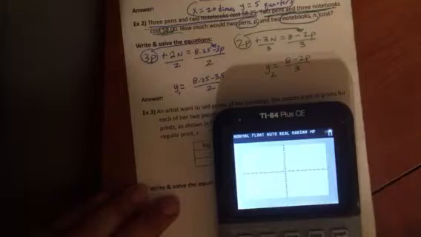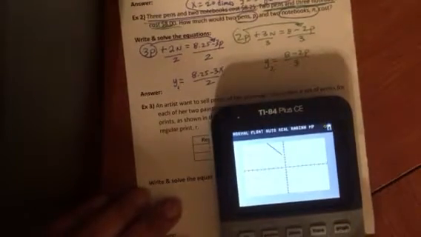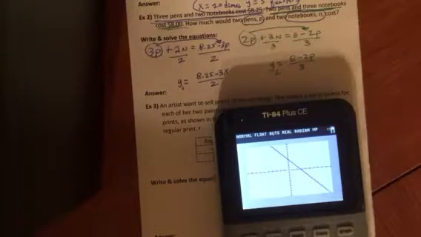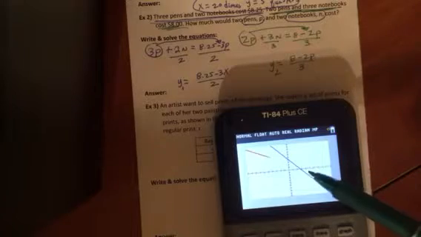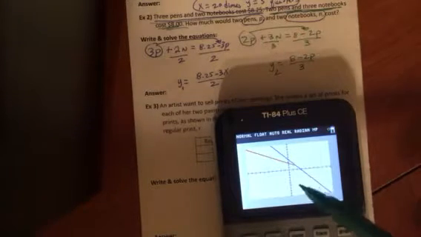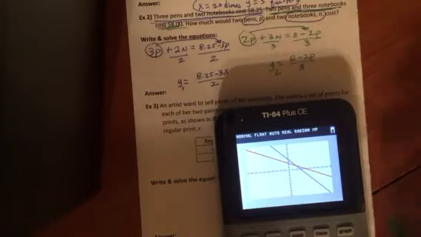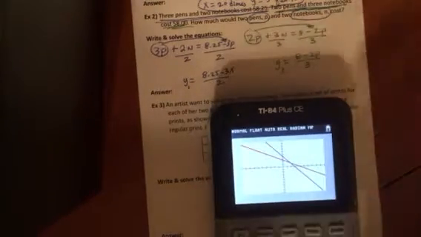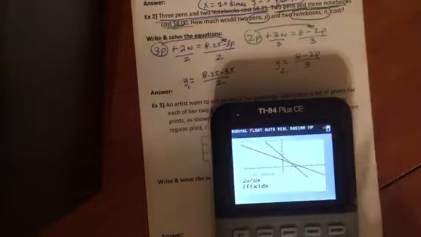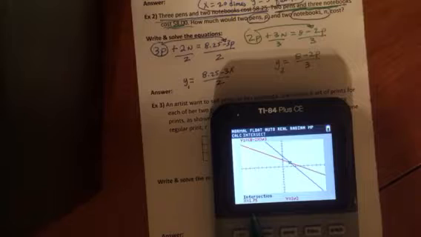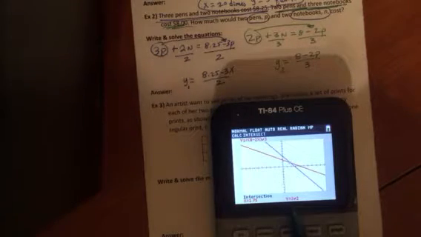Now I'm going to make sure that it's back in standard form, so I press zoom 6. Now these take a little bit to graph because it's in fraction form, so it does take a little bit longer to graph. I can see the intersection, so I'm going to do second trace 5. And it says here that my x is 1.5 and my y is 1.75.